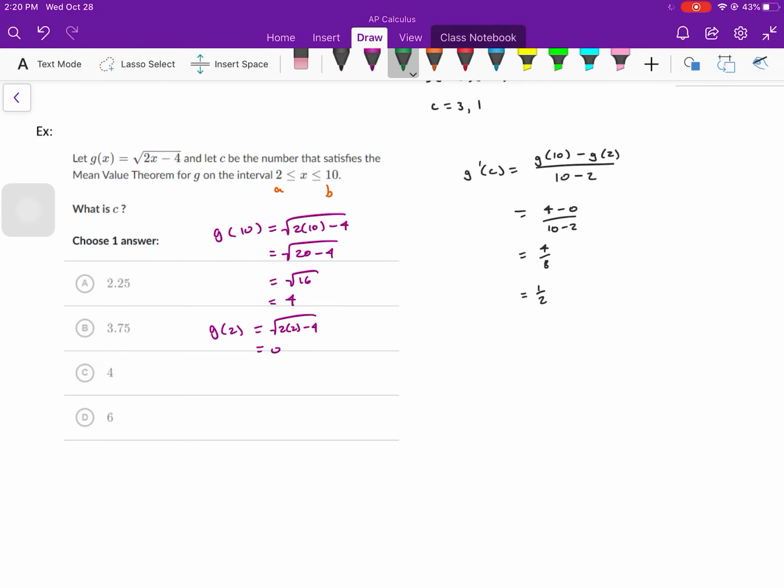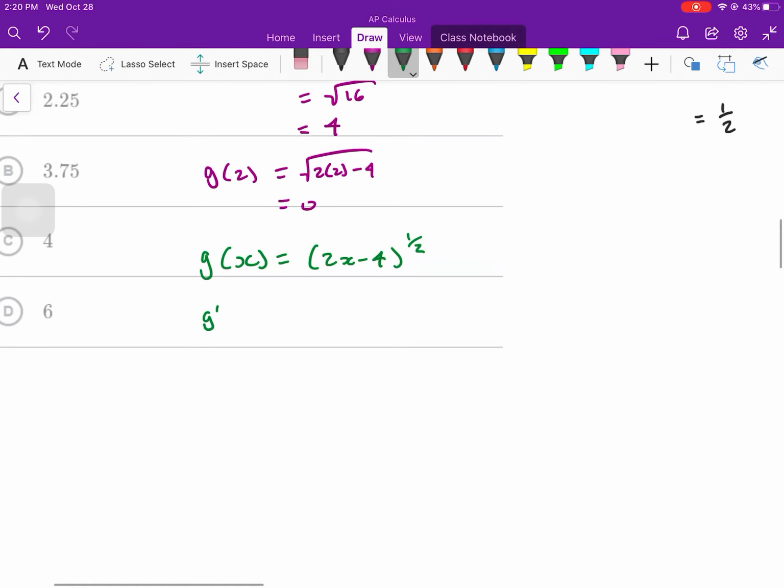All right, let's go ahead and take care of the derivative. So g of x is square root of 2x minus 4. So that's 2x minus 4 to the 1/2. So let's go ahead and take this derivative. So g prime of x, bring down the 1/2. Gonna have to do chain rule. Take away 1 from the exponent, and then chain rule times 2. So remember that's 2 over 1. These 2's will cancel. And what you'll see is that we end up with this on the bottom as 2x minus 4 to the positive 1/2.